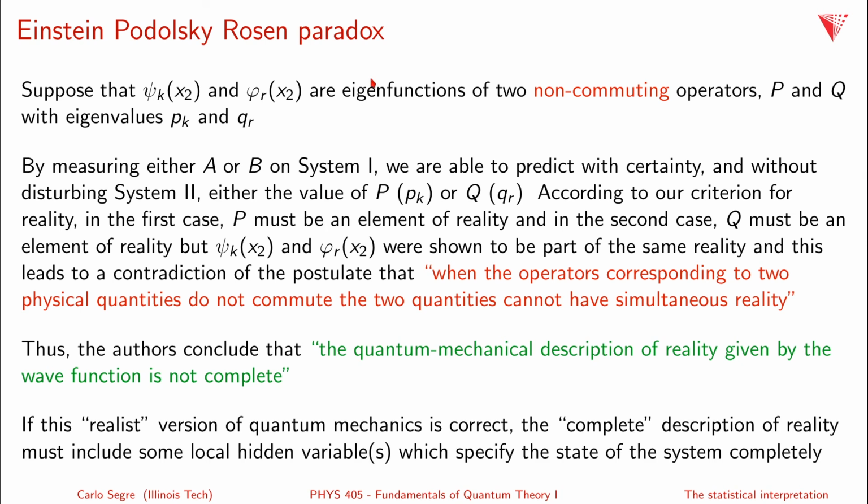This was called the realist version of quantum mechanics. And if this realist version is correct, then a complete description of reality must include some additional local variables, called local hidden variables, which specify the state of the system completely. So if you have those hidden local variables, then this is no longer a contradiction, because you have an additional variable that's telling you what these values are going to be.